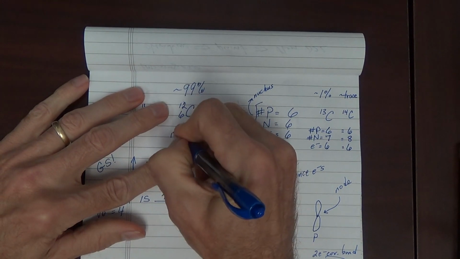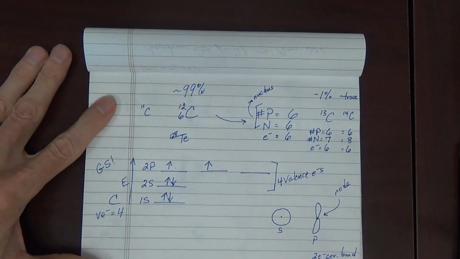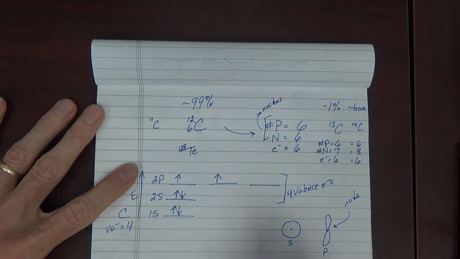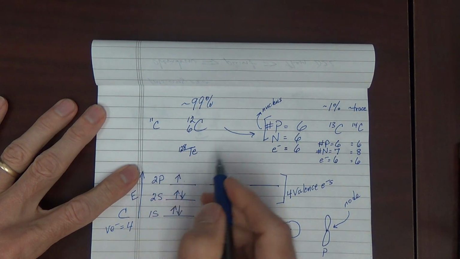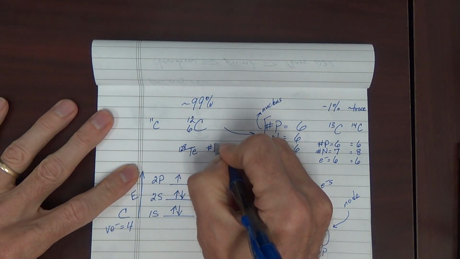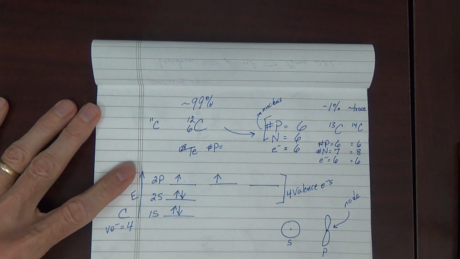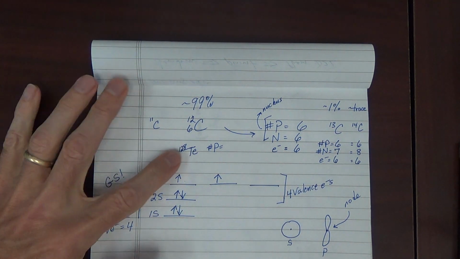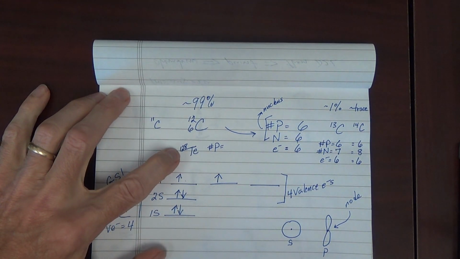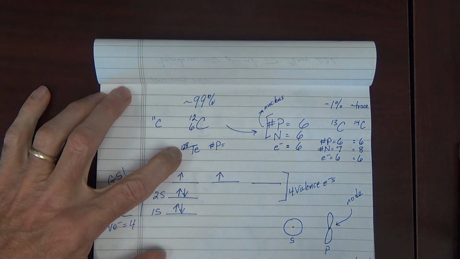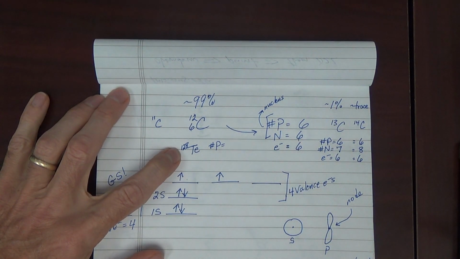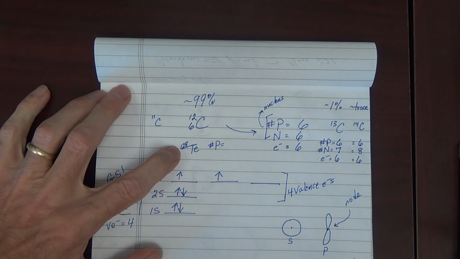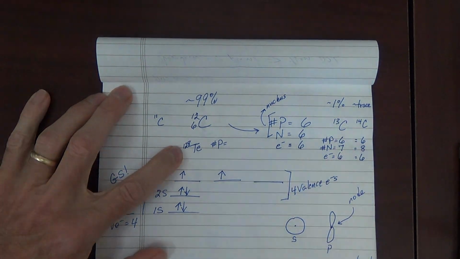128. How many protons? Well, the periodic table tells us that the atomic number of tellurium is 52.